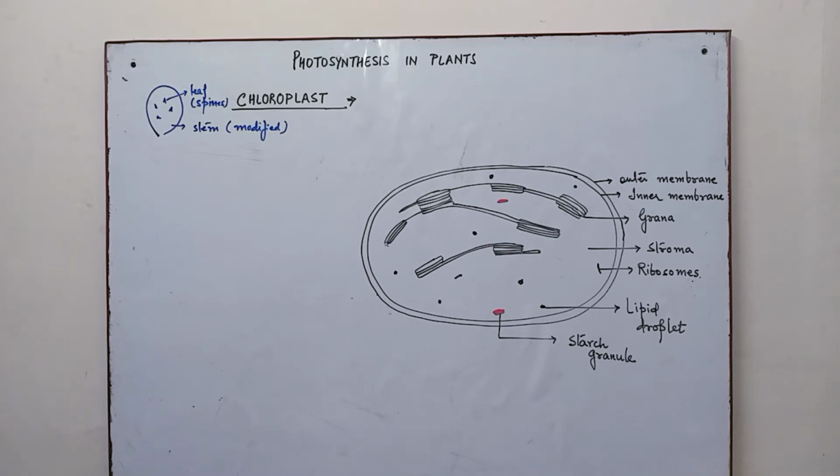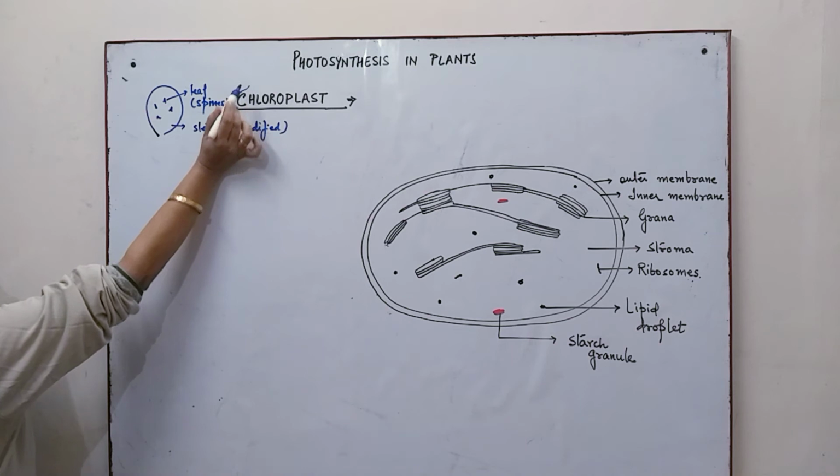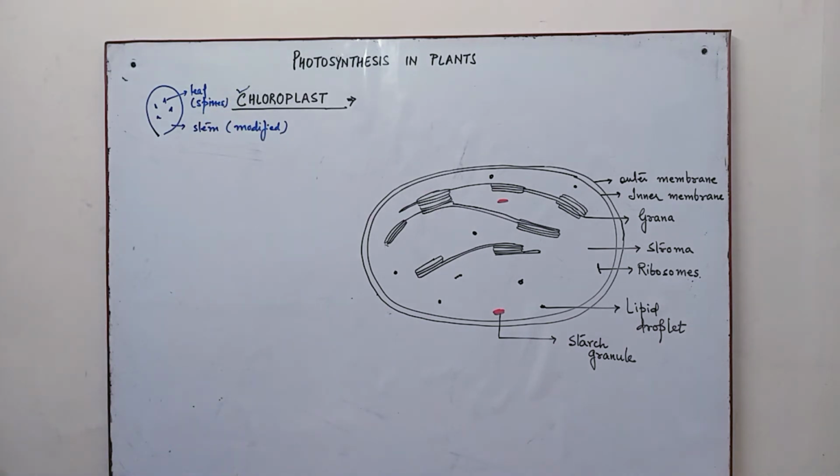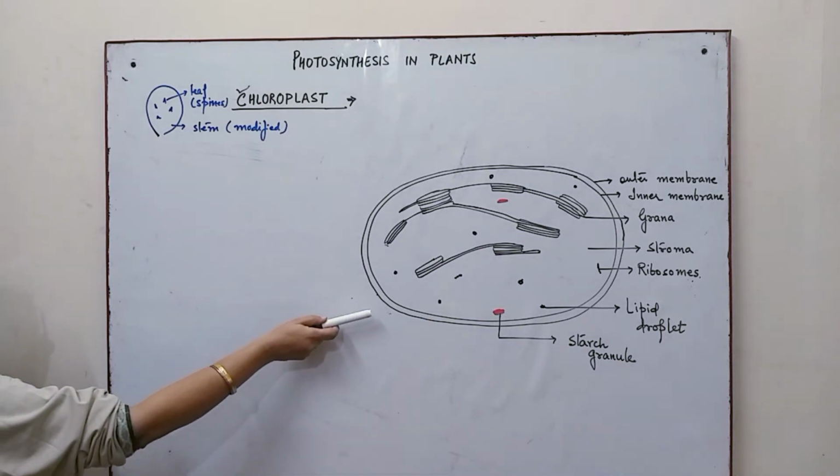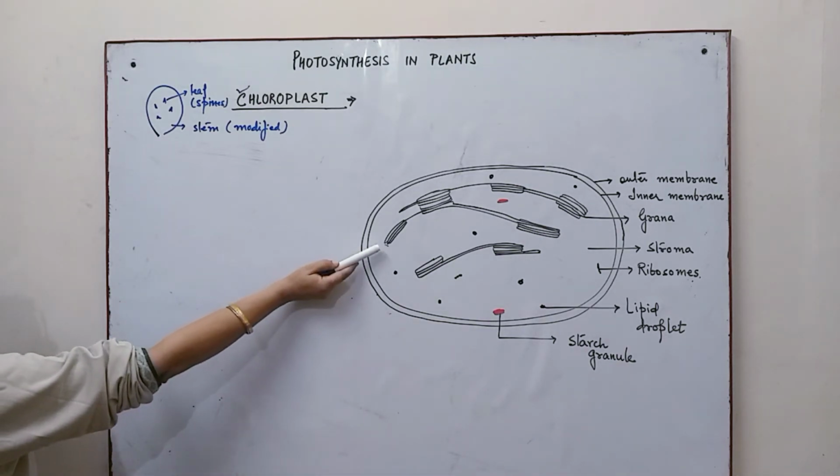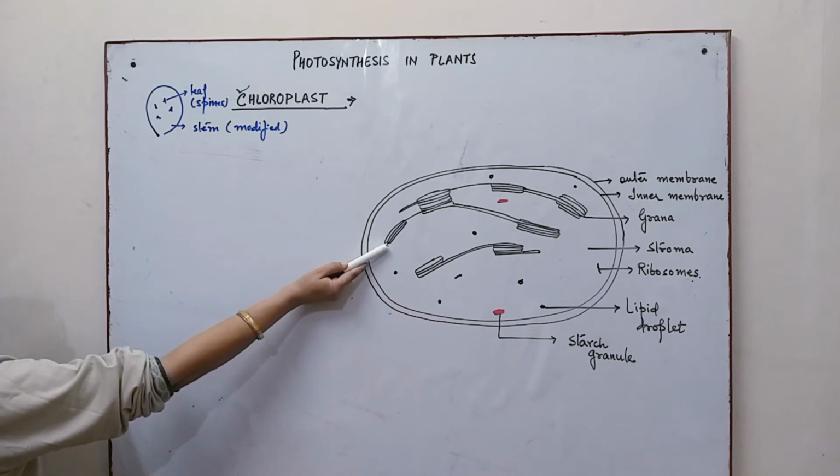The chloroplast is the main site where the process of photosynthesis takes place. So when we study the structure of chloroplast, we can divide it into two different zones, that is the membranous system and the stroma system. The membranous system consists of the outer membrane and the inner membrane, but the major role is played by the grana.